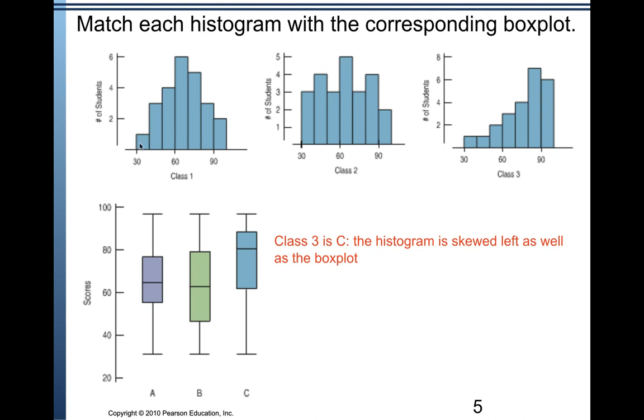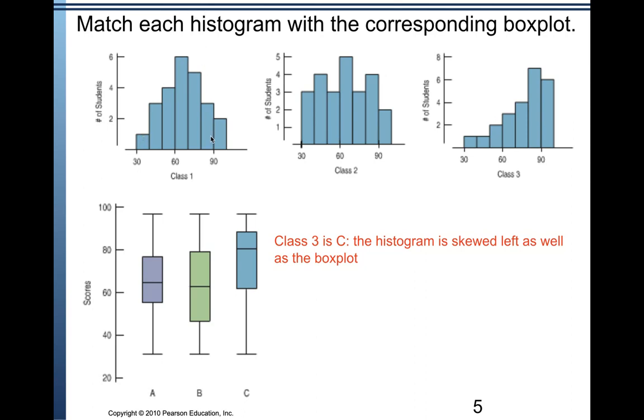Whereas this one, the mode is at 6. Notice the low end, the minimum, is at 1. So it goes from 1 to 6, whereas this one goes from 3 to 5. So this one has a longer distance between the low end and the mode.